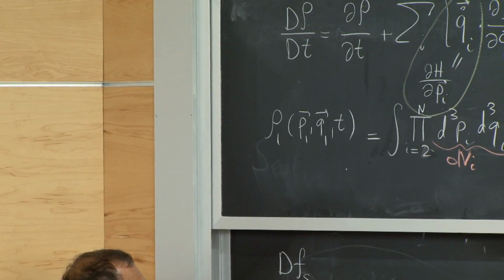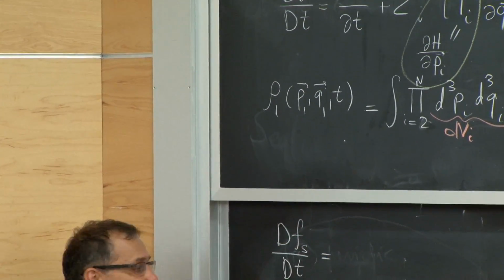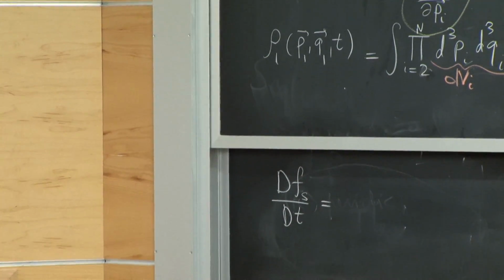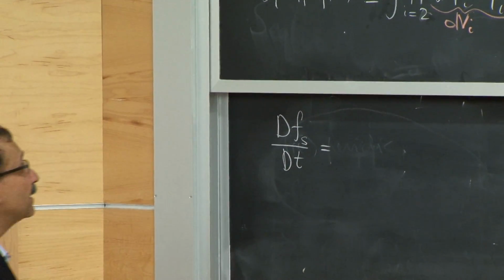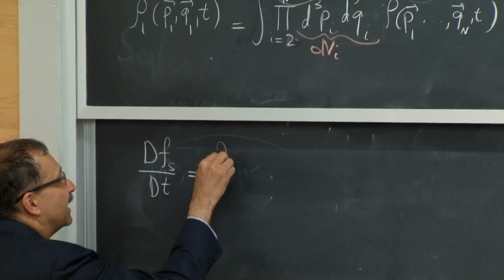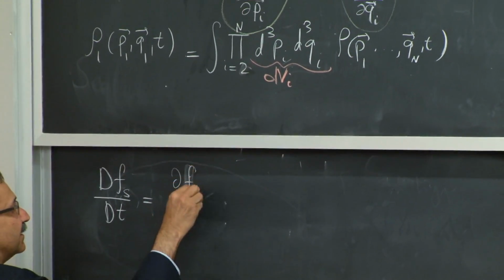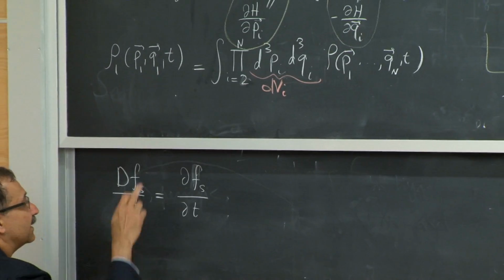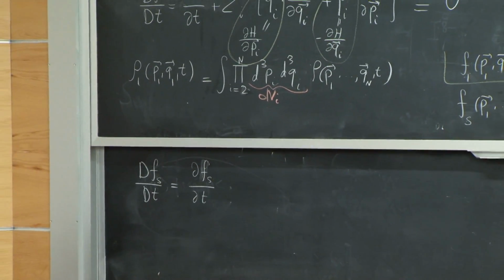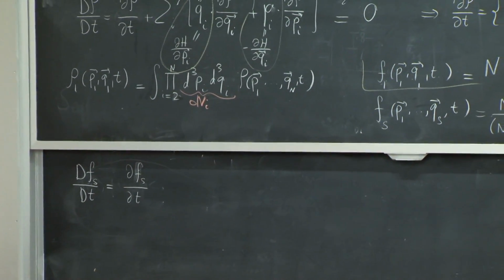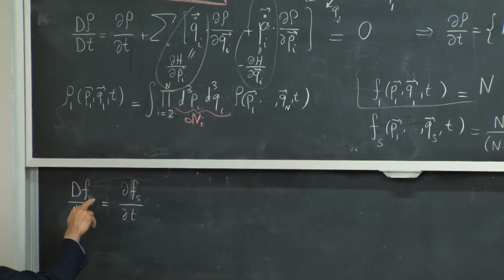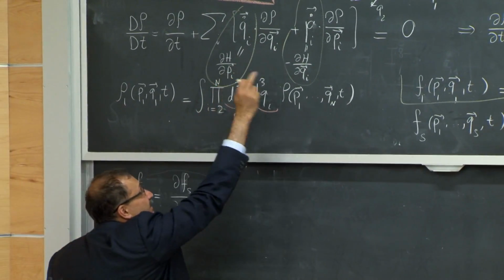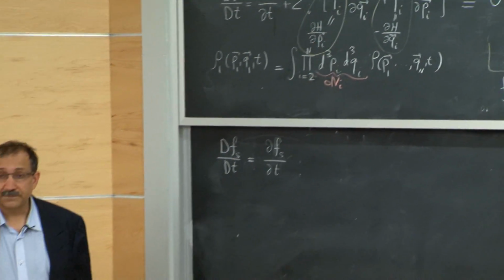So there's the time evolution of Fs. If I were to go along the stream, it would be dFs by dt, and then I would have contributions that correspond to the changes in coordinates of these particles.